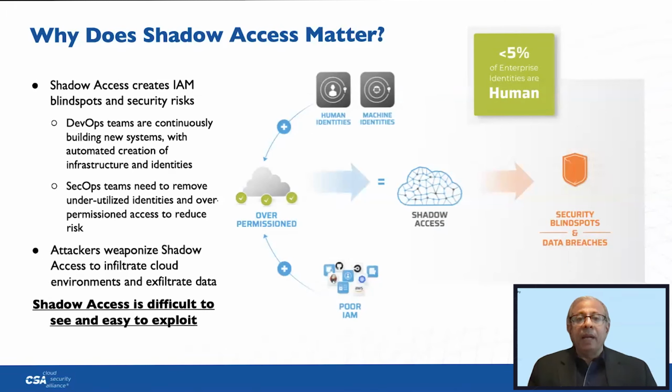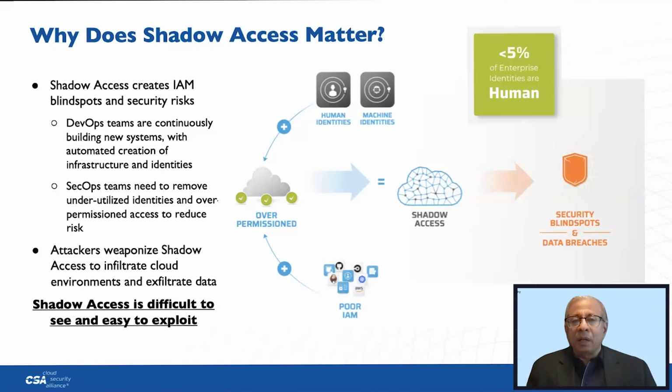Why does shadow access matter? Fundamentally, shadow access creates blind spots to your IAM processes. And in the cloud, it's very different compared to your on-prem world. In the cloud, lots of these actors who have identities are actually non-human. Only less than 5% of the identities are human identities.